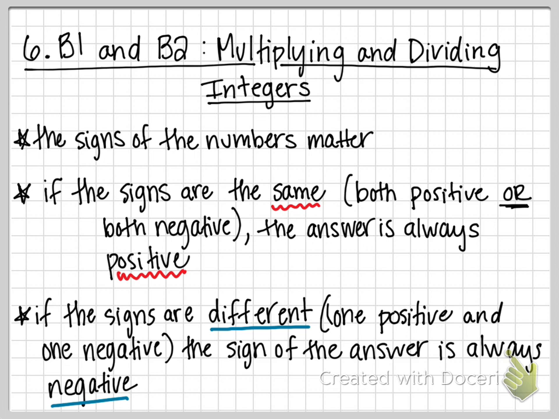So signs the same, positive answer. Signs different, negative answer. And then you multiply or divide the numbers just like you regularly multiply or divide. You just have to pay close attention to the signs of the numbers you're working with. So in multiplication, the signs of the factors. In division, the signs of the dividend and the divisor.